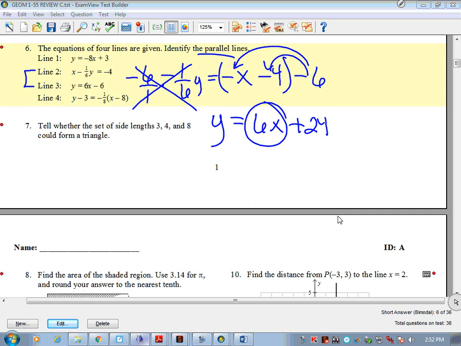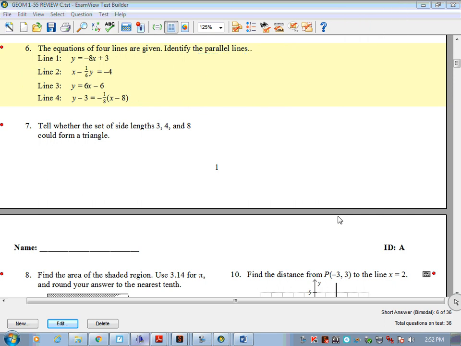Now you may have to solve line 4 as well, if you have an option where it says maybe lines 2 and 3 are parallel and lines 1 and 4 are parallel as part of one answer. We would want to make sure that line 4 was in fact parallel to line 1. So let's see that. We got y minus 3, and let's go ahead and distribute that -1/8. So we got -1/8 x, and -1/8 times -8 should be positive 1.